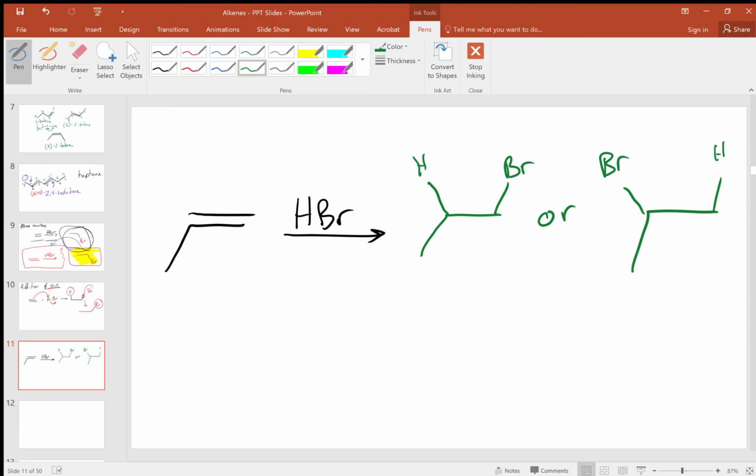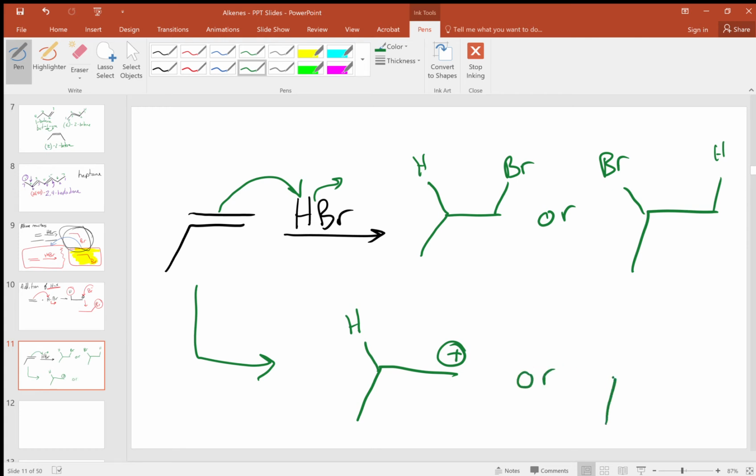But we know that the first step is that the alkene attacks the hydrogen, and that causes the hydrogen-bromine bond to break. So let's see where that takes us. Well, if it puts the hydrogen on the center carbon, we get the carbocation over on the side.